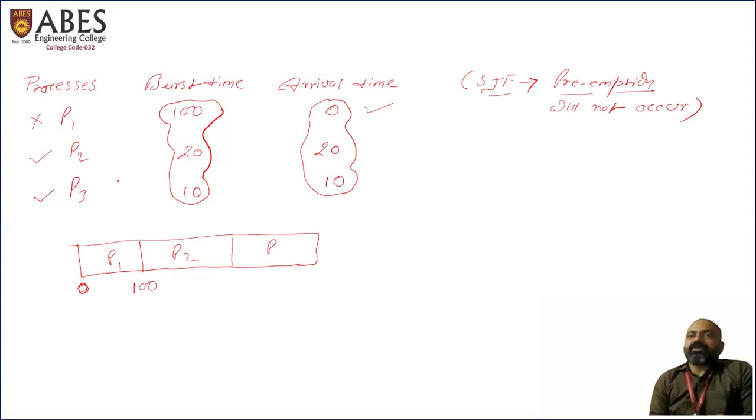When two processes are available, we have to compare the burst time of both processes to find out which one is the shortest. So in P2 and P3, which one is shortest? This is P3 with 10 units of burst time. So we will execute P3.